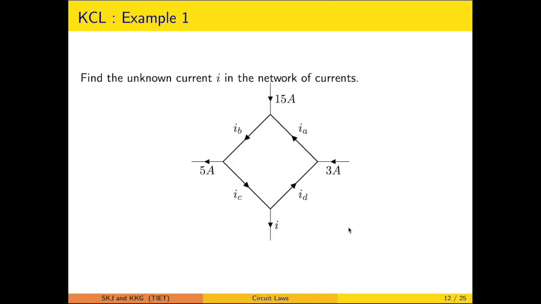Now take the example here. In this, we are supposed to calculate the current I in the network. This is the current which is to be calculated. There is no point in wasting computational effort in calculating the individual currents IA, IB, IC, ID, and so on. So you can take a closed boundary and then calculate the current.